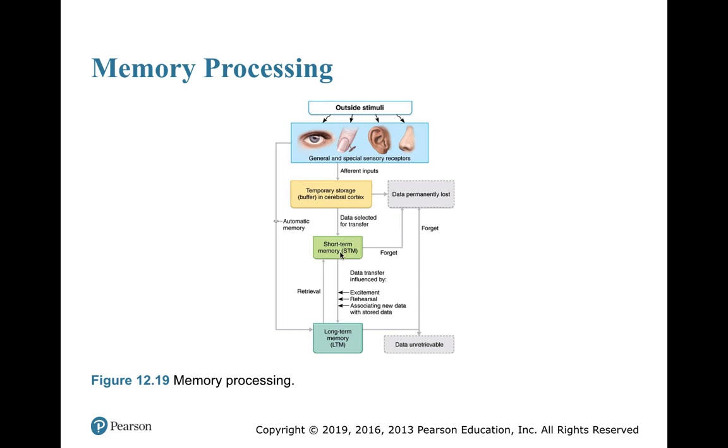And if you're trying to transfer things to long-term memory, you can use excitement, rehearsal, and association of new data with stored data, all the kinds of things we try to do when we are teaching someone information. And if that happens, that long-term memory is there for as long as our brain is working.